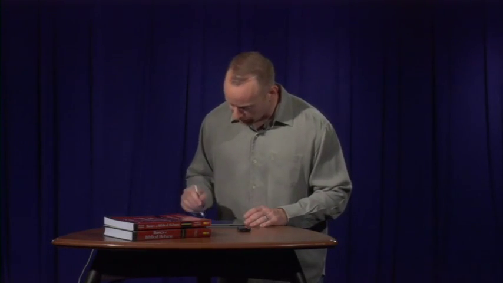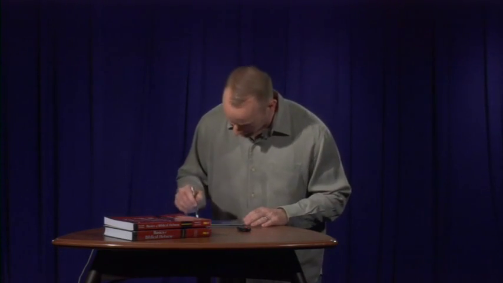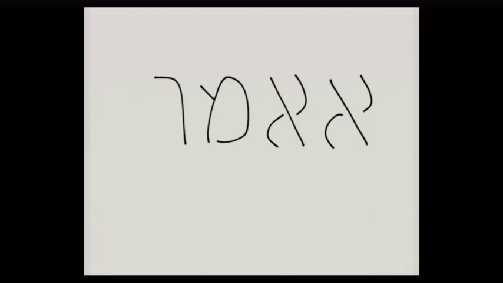Let me demonstrate for you how this works. I'm going to write on my screen what you might expect to see, the inflected form with two alephs. Now you already know that Hebrew does not like to have two identical consonants back to back in a particular word.